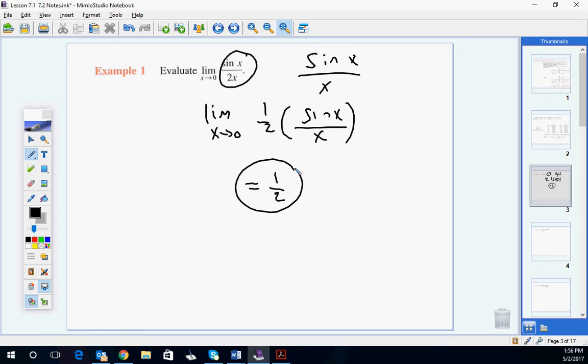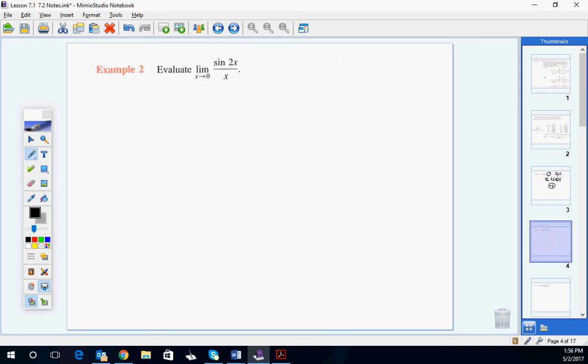A little trickier one here. Sine of 2x over x. Now, things get a little bit different when they're actually in with the sine. We can't just pull a 2 out of there. What do you think about this one? Instead of making it sine x over x, let's make this sine of 2x over 2x, because it's still sine of something over that same something.